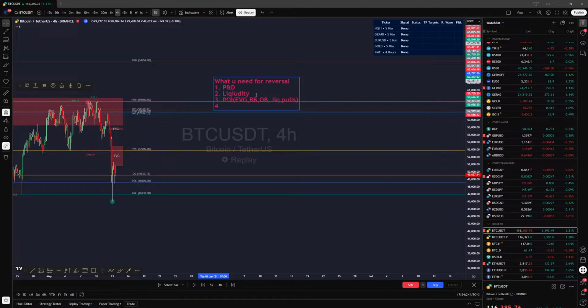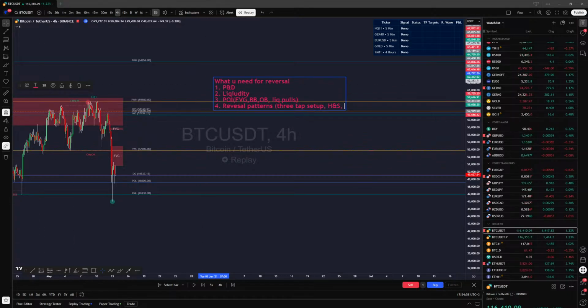And number four, reversal patterns. When we're talking about the classics, it's the triple top setup, head and shoulders, or three drive pattern.